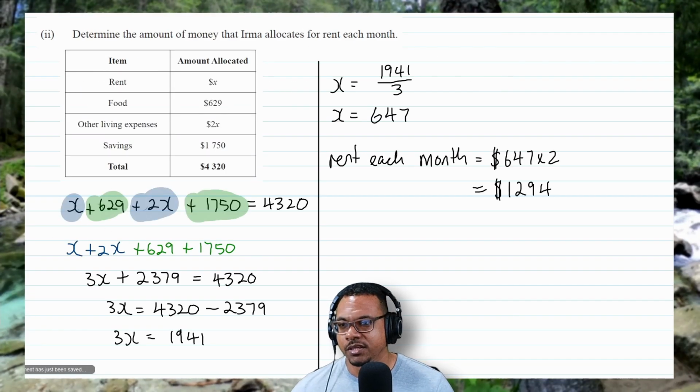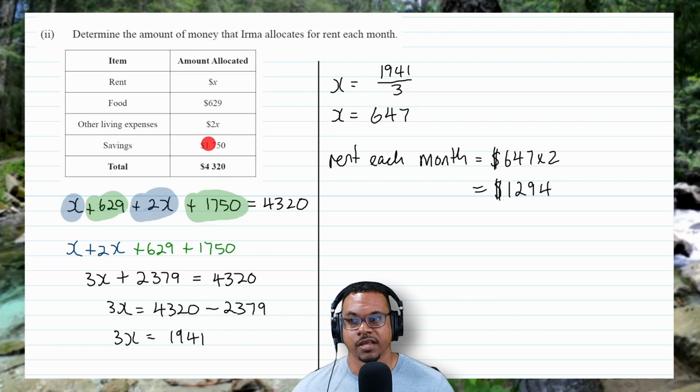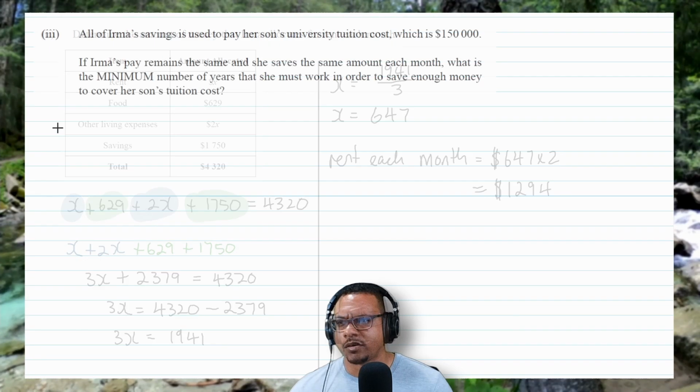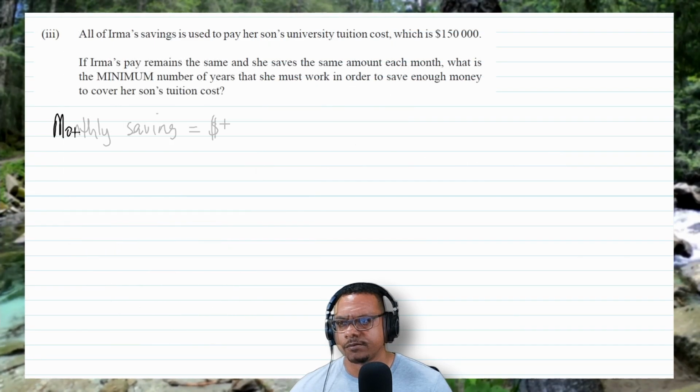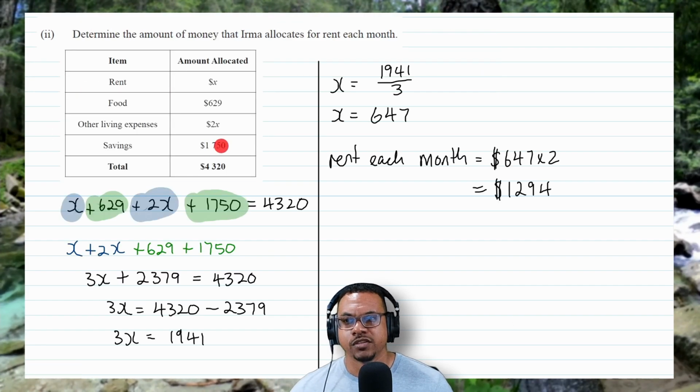So let's go back here to our table and see that savings is $1,750 per fortnight. So we'll calculate the monthly savings here, which will be multiplying this by 2. So monthly savings is 1,750 multiplied by 2. And just remember, that's because this 1,750 is per fortnight, which is every 2 weeks, and a month is 4 weeks.